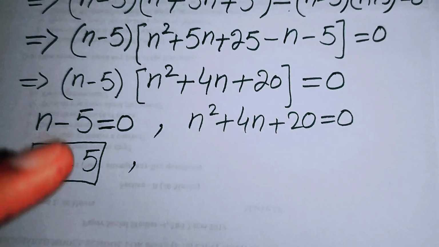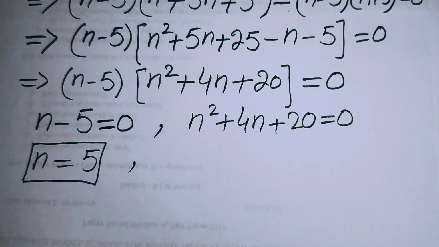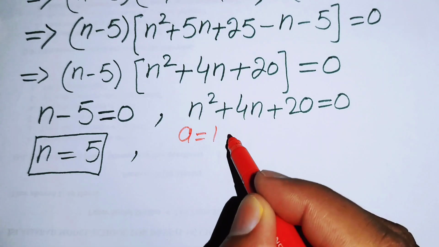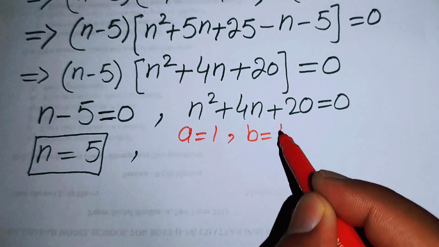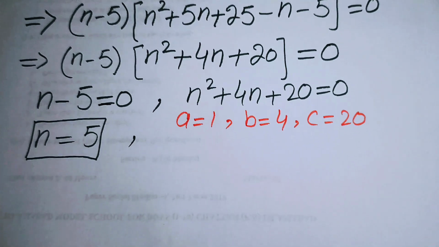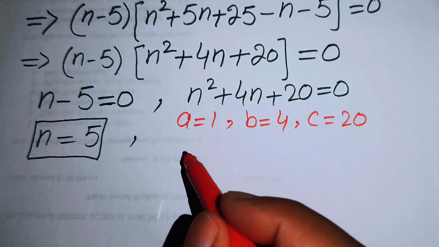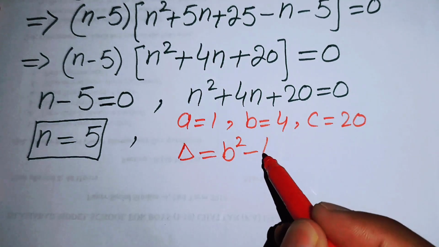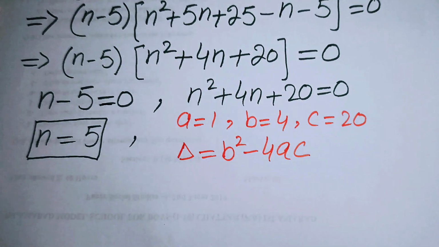Here we have a equals 1, b equals 4 and c equals 20, and the discriminant formula is delta equals b squared minus 4ac.